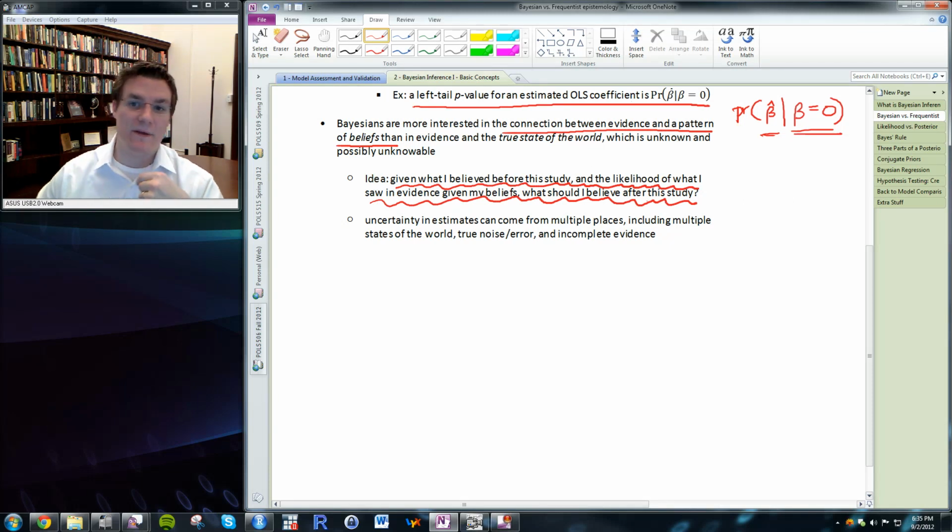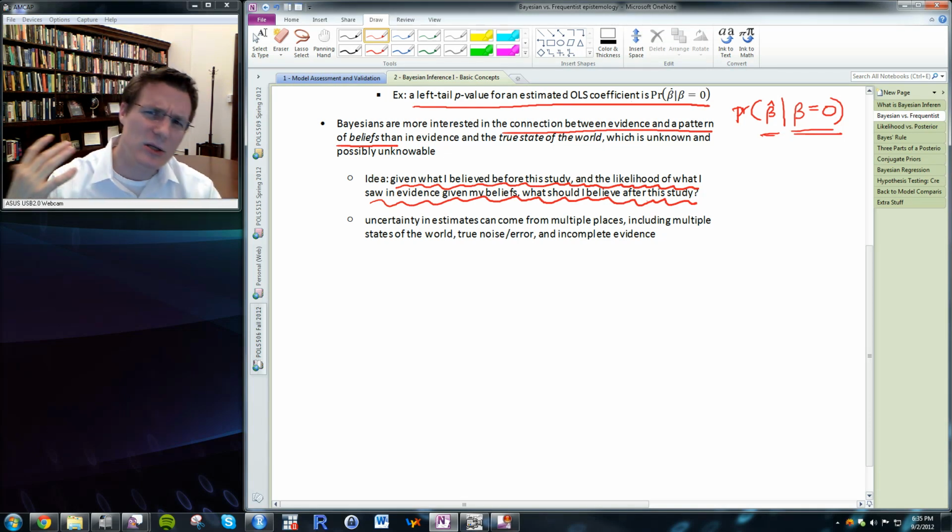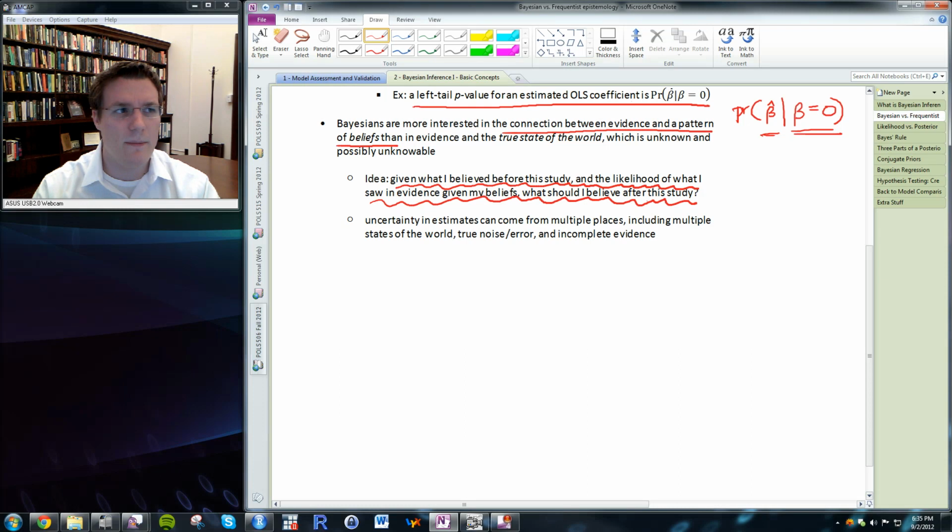Now, this is the kind of thing you might ask even if your beliefs are known to be useful fictions. For example, I may know full well that neoclassical economics or utility maximization is not the way people's brains actually work, at least not for many choices that they make. But it's a useful fiction that we carry on because it simplifies the world in a helpful way. And I want to come to some beliefs about how that process is happening, what people are valuing when they make their choices.